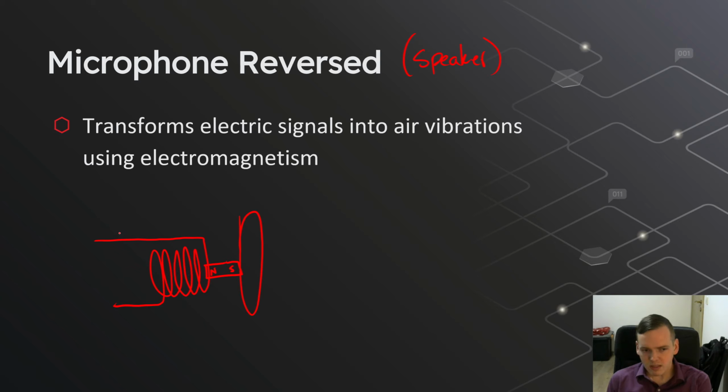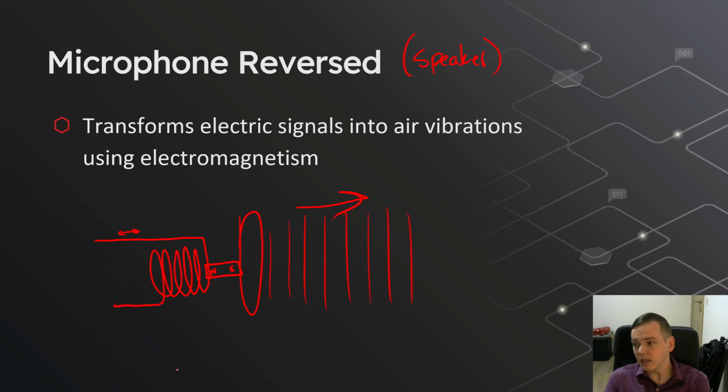Well, then if you send the electric signal in this wire, those electrons move back and forth. That means the magnetic field inside this coil of wire, we talked about solenoids, bounces back left and right, and that will pull or push on the magnet. And what does that do? That creates vibrations in the air that travel outwards.